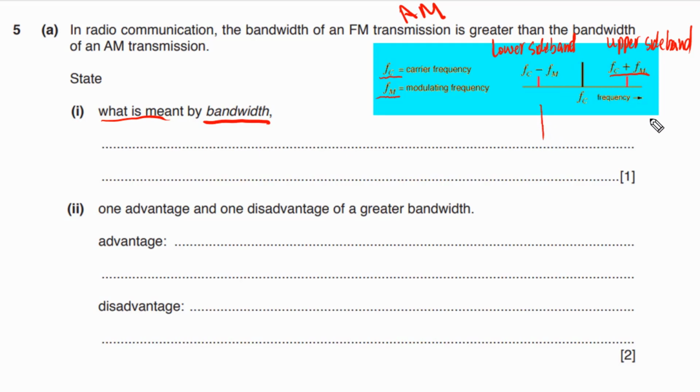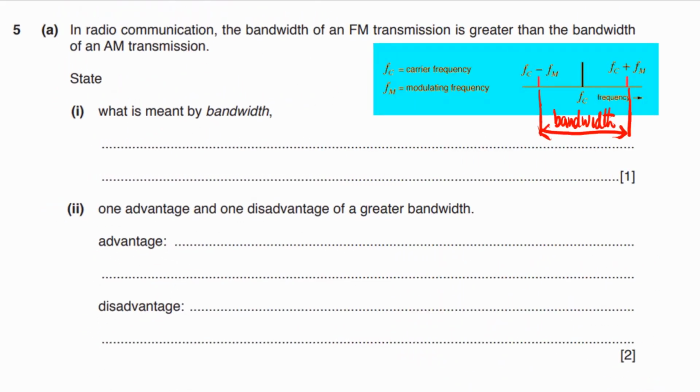Now if we subtract frequency of lower sideband from frequency of upper sideband, we can get bandwidth. Bandwidth simply tells us that there is a range of frequencies occupied by modulated waveform, even though there is one frequency for carrier wave.